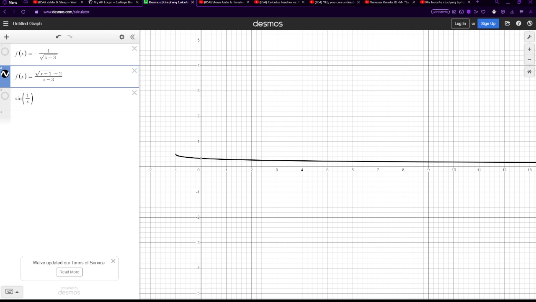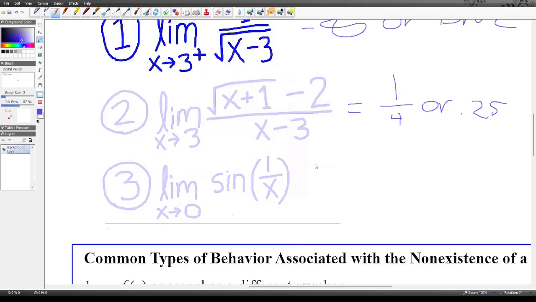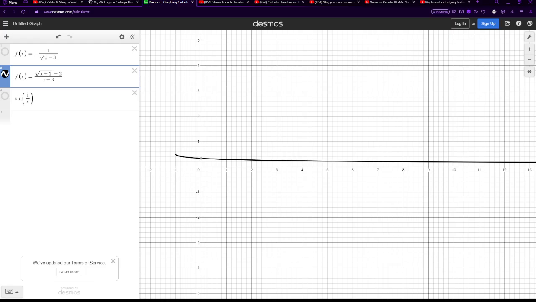And for the limit as x approaches 0 of sine of 1 over x, I wrote it down here. I forgot to switch scenes on my OBS, but here we're going to switch it back to decimals with the graphing calculator.